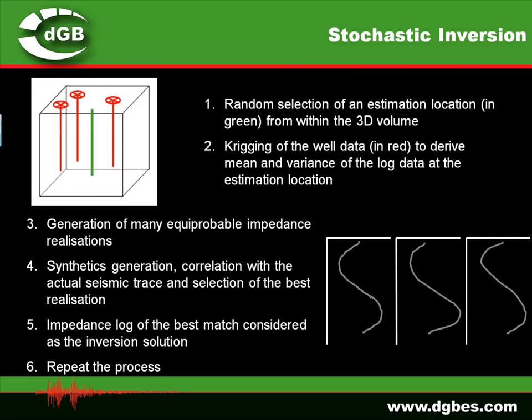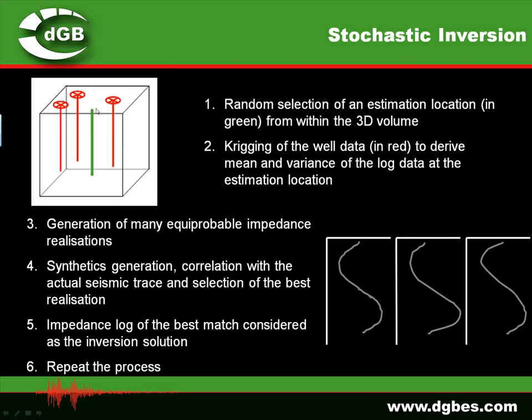The concept of the stochastic inversion is explained here. Actually we do not extract a trace, but we look at this in the frequency domain, but it's much more understandable this way. So first, here in red you have the wells, and you want to know the data.